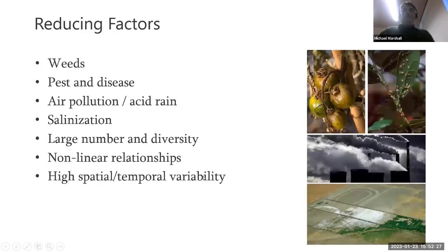Yeah. So the last set of factors which we don't address, and that's just because remote sensing based models don't usually address these, but to complete the story of the Jones paper, you should also know that there are reducing factors, and these factors also have an impact on yield.